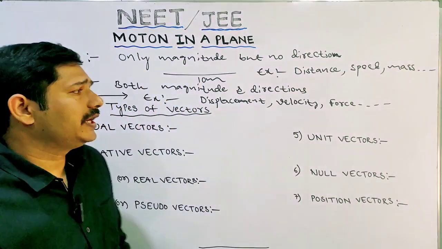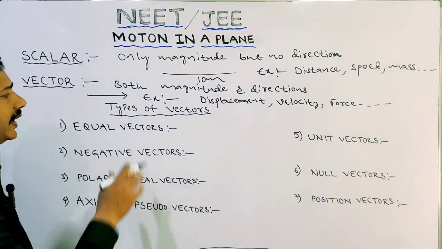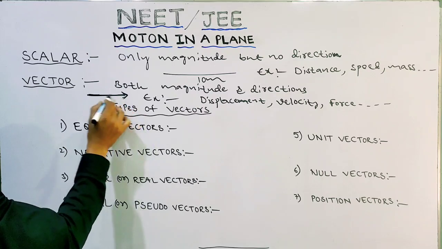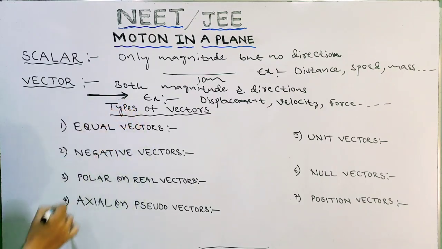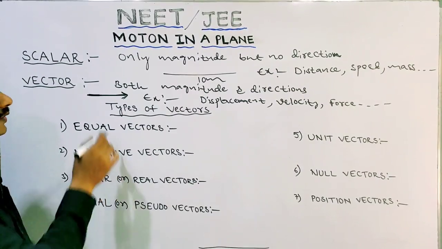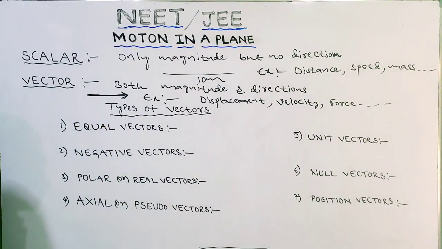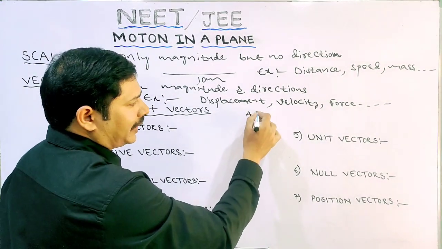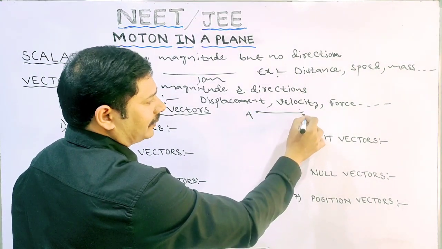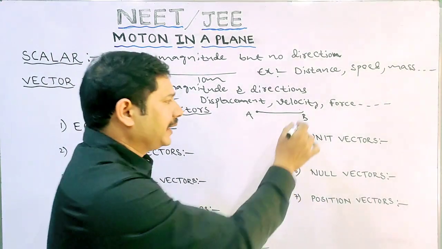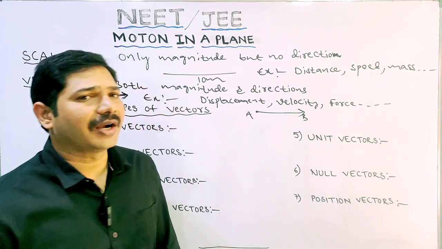A vector is denoted by a symbol, an arrow mark over the magnitude. For example, a body travels from point A to point B. This AB indicates magnitude, and this arrow mark indicates direction.